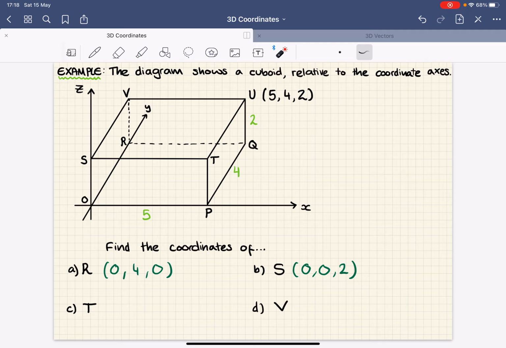Then looking at T, starting at the 0 point, I have to go across here by 5. Then do I go in the background? No, I don't. So that's going to be 0. And then I go up by 2, and that height is going to be the same as that 2 there. So my set of coordinates there are going to be 5, 0, 2.